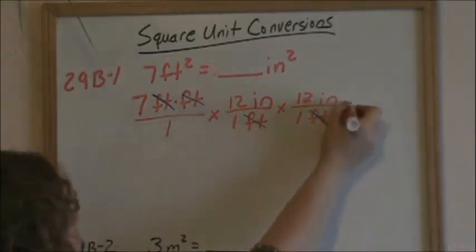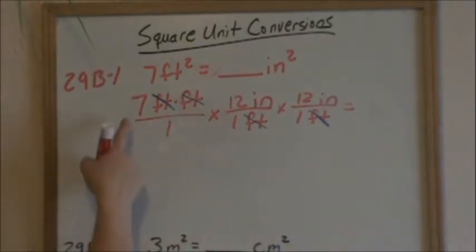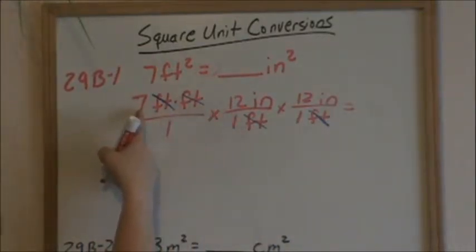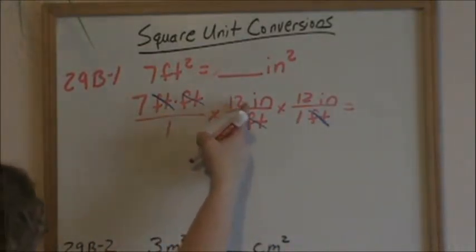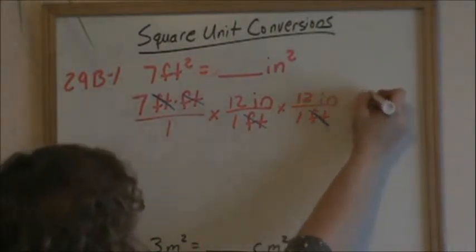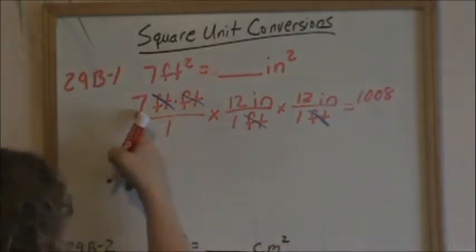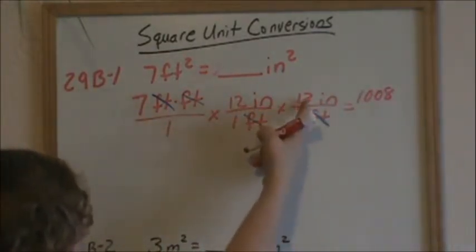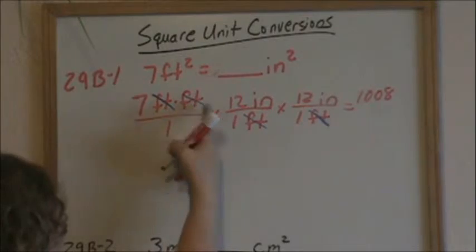So this is just a big long fraction, which means you multiply across. 7 times 12 times 12. Let's see, that would be 144 times 7 is 1008. I got that from doing 7 times 12 times 12. There's no feet here.